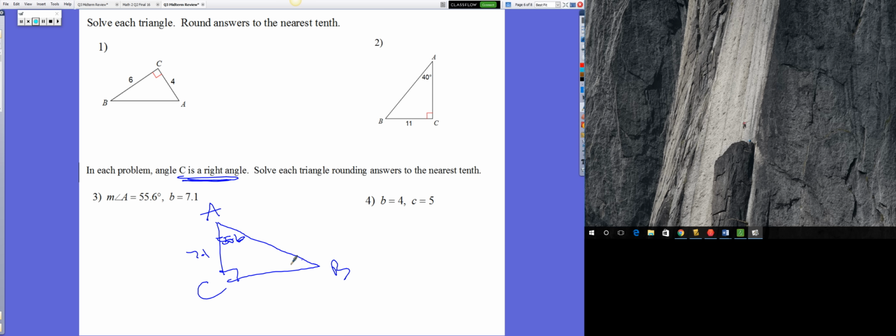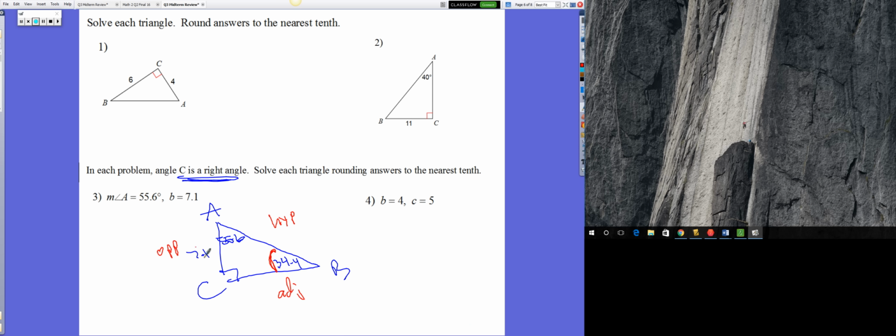And then I know angle B, I'm just going to do 90 minus 55.6. And this is going to be 34.4. Okay, now mark it. You got to start labeling opposite, adjacent, hypotenuse. So you got to figure out where you're marking from. If I mark from right here, that means this is my hypotenuse. This one over here is my opposite. And this one is my adjacent.